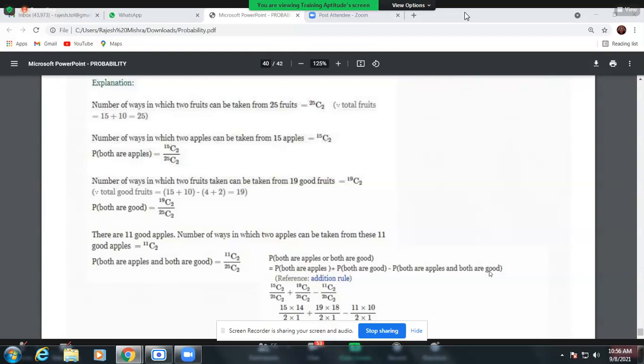So when they are both apples, then they are both good. This portion is being counted twice. When I talk about good fruits, when I talk about apples, I can only count them once. So this is the portion that I need to subtract from my total probability. Yes or no?